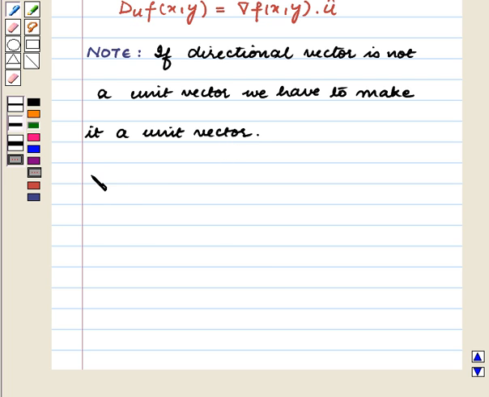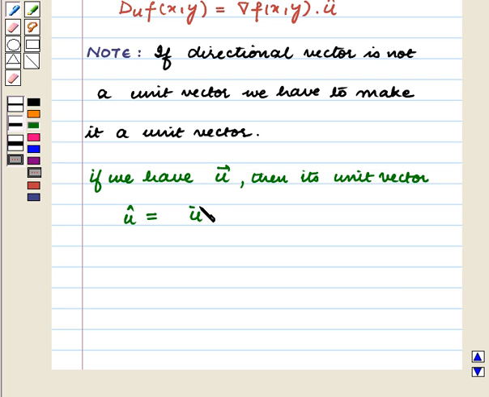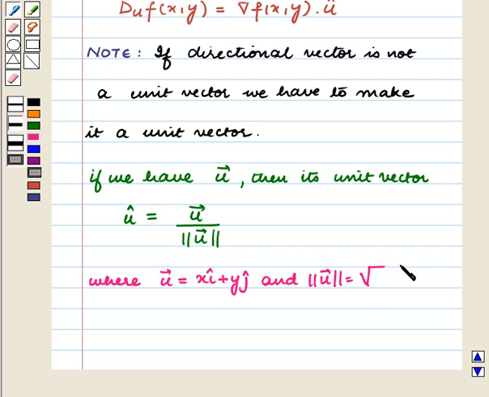That is, if we have a vector u, then its unit vector u cap is equal to the vector u upon norm of the vector u, where vector u is equal to x i cap plus y j cap and norm of vector u is equal to under root of x square plus y square.